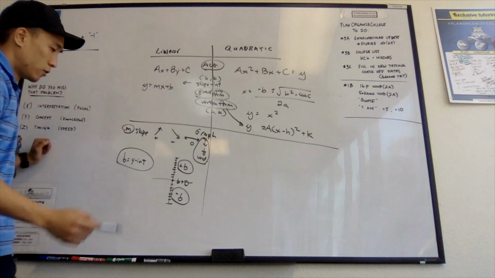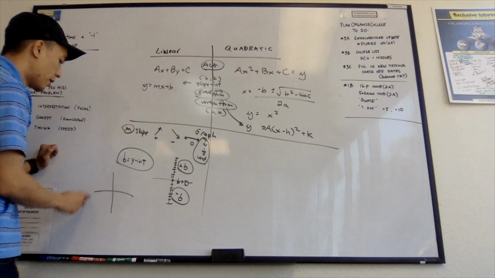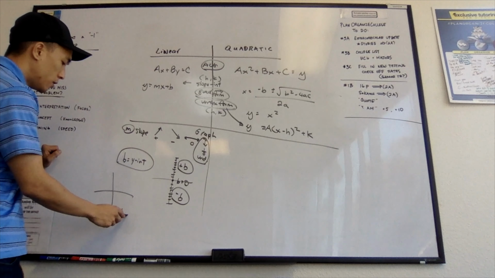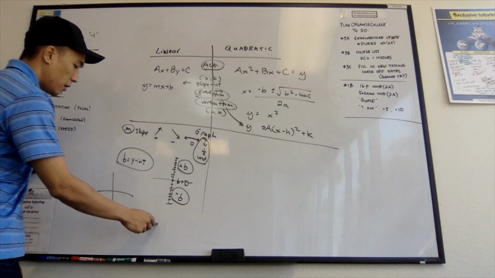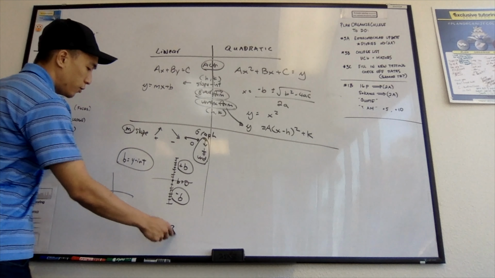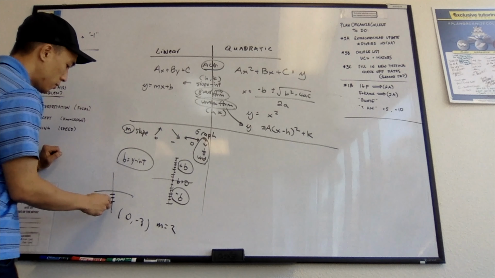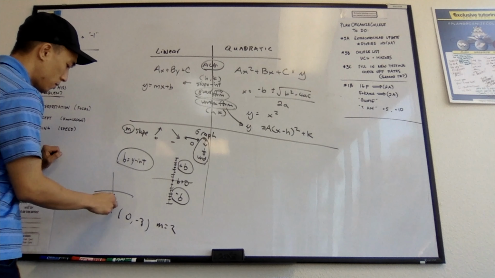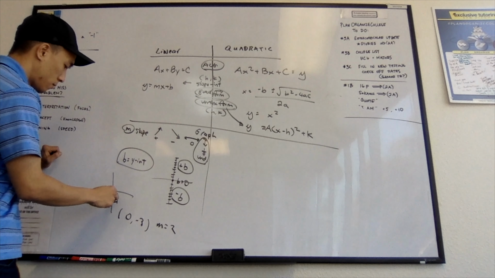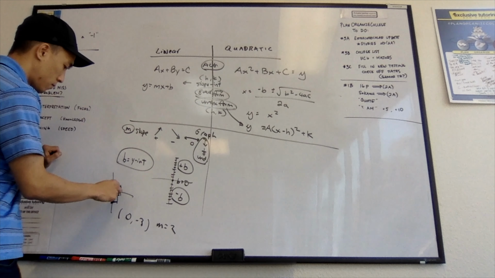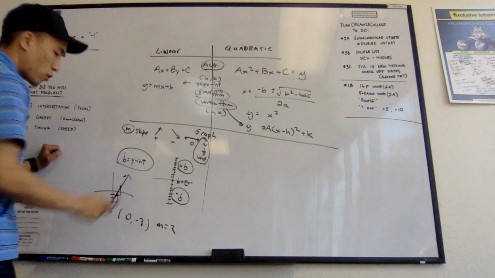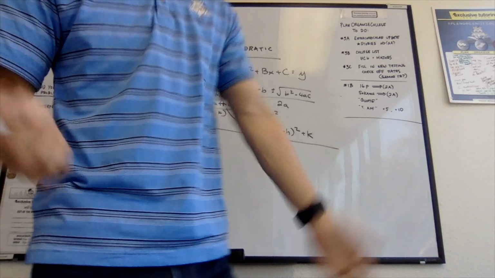Okay? So for example, they can tell you, okay, you've got a point of 0, negative 3, and you've got a slope of 2. What quadrant do you never hit?